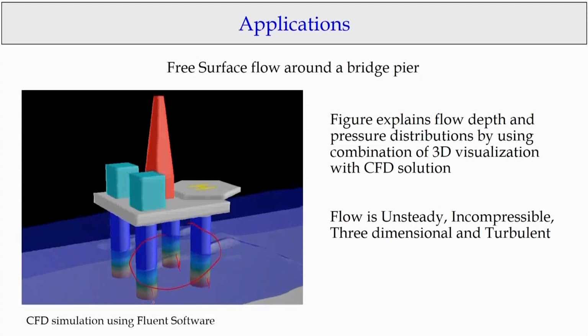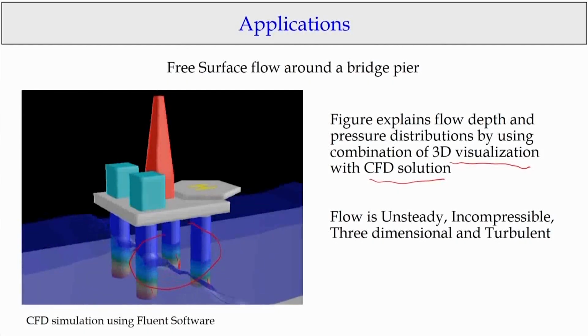This is possible today because computational fluid dynamics solutions as well as 3D visualization tools are available. So, you can feel as if we have conducted an experiment in a flume to see how the pressure distributions and flow depth variations happen when a group of bridge piers are there and how they interact with each other.